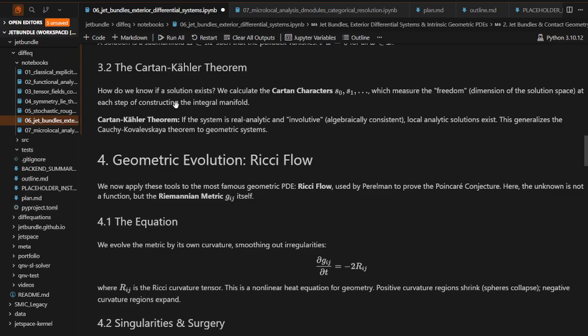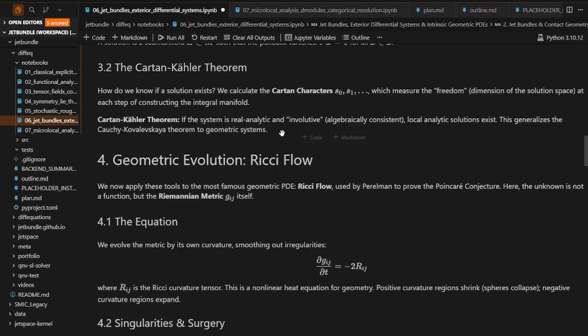At each step of constructing the integral manifold, if it is analytic and involutive, which just means it's consistent, then local solutions will exist. It generalizes Cauchy-Kovalevskaya geometrically, to geometric systems, and overdetermined systems are okay if they're involutive.